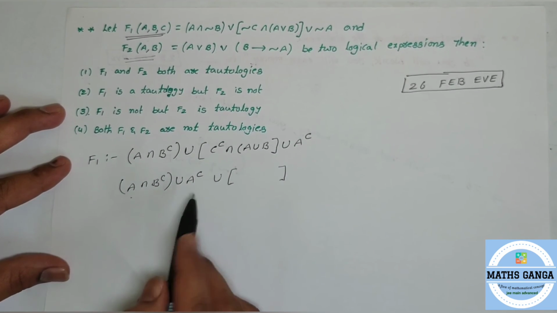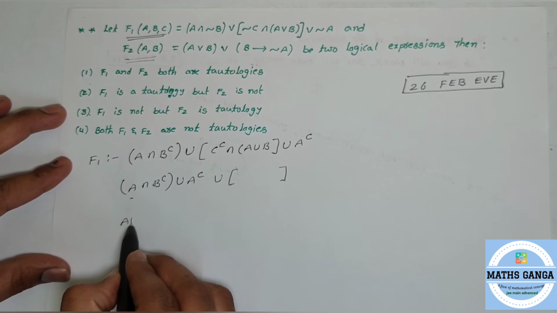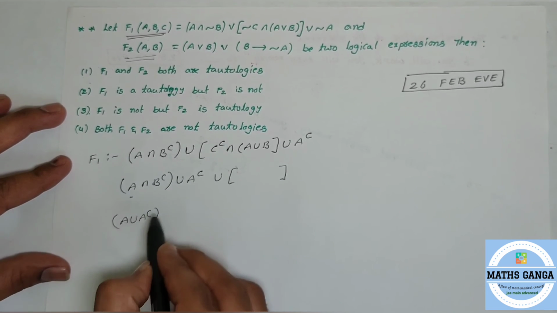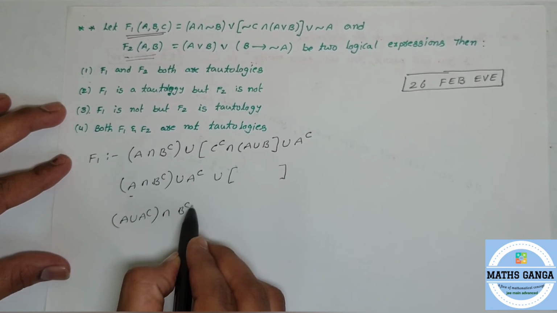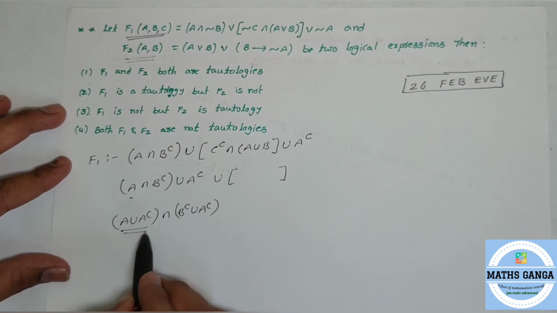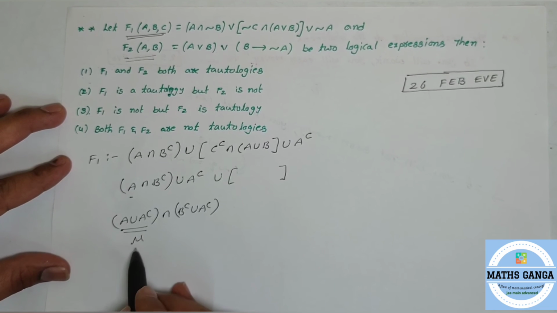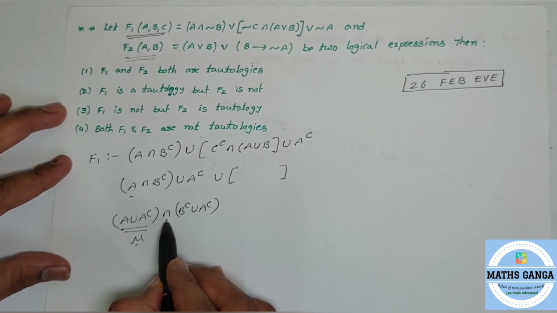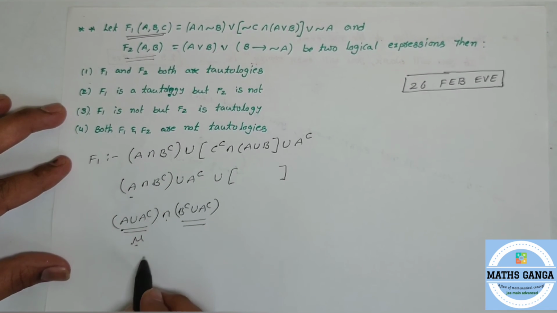Now what is the simplification? A union A complement, intersection B complement union A complement. A union A complement is the universal set, and the universal set intersected with the other set gives the other set.